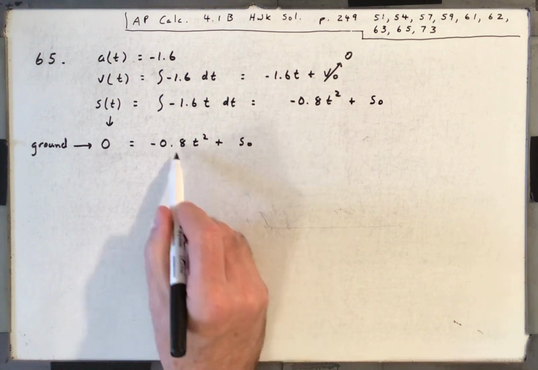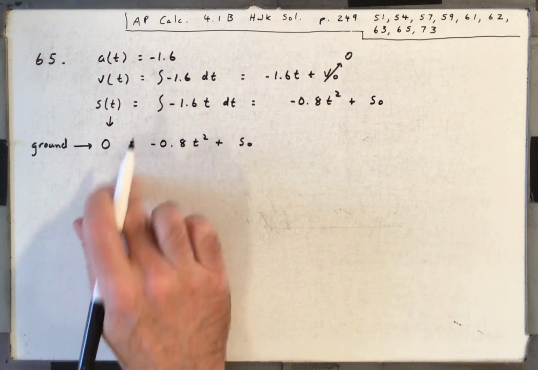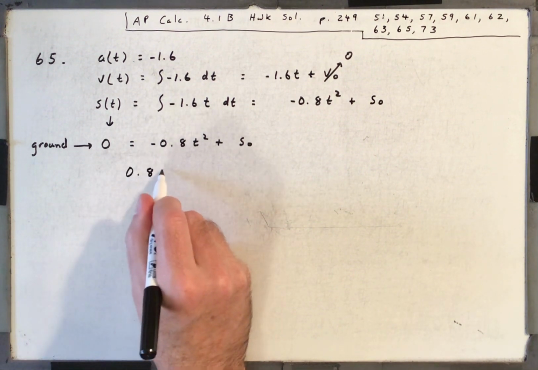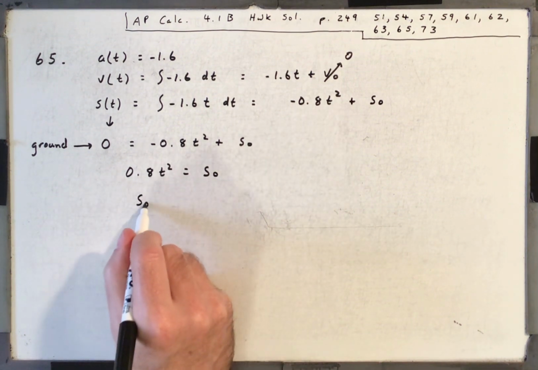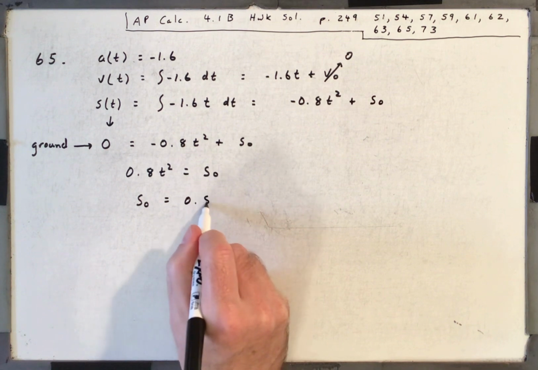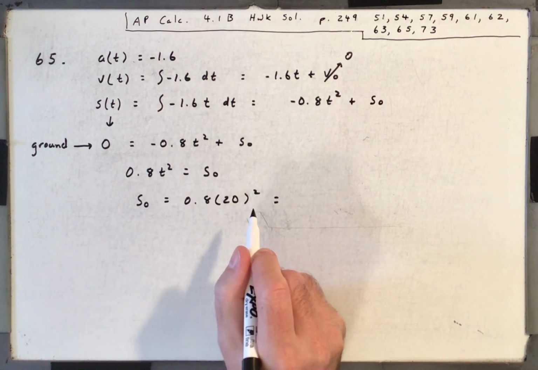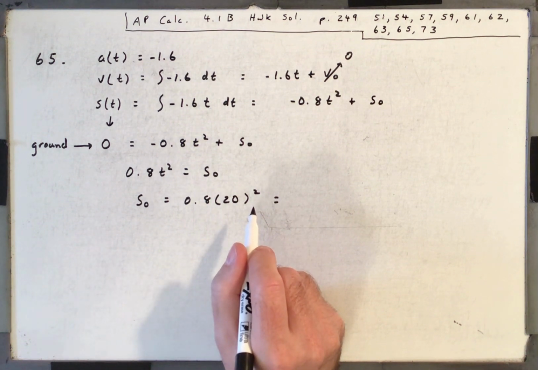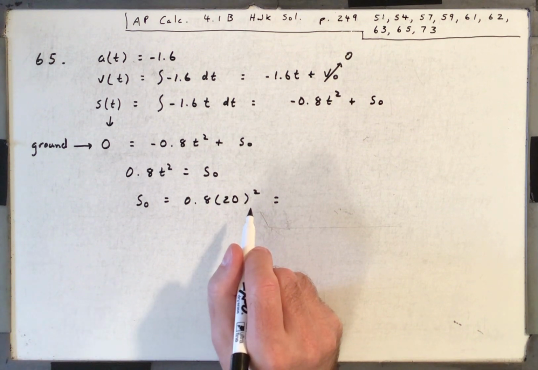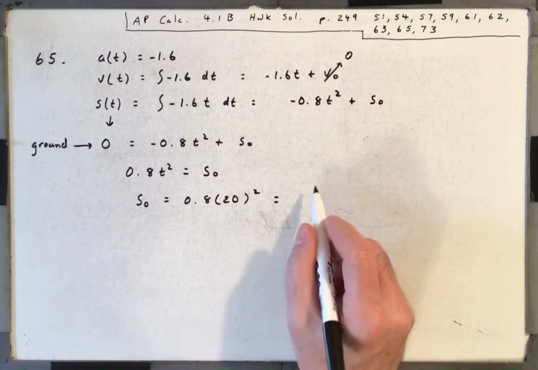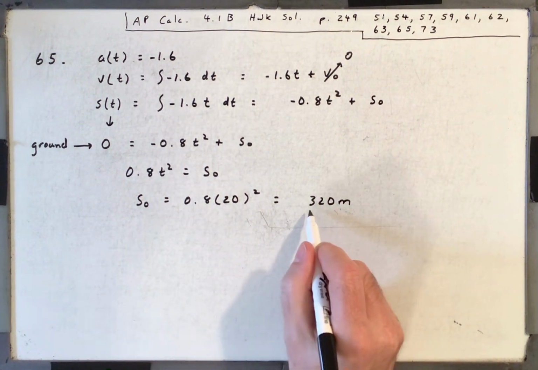Moving that minus 0.8 t squared to the left, we would have positive 0.8 t squared is equal to S naught. So S naught is 0.8 times 20 seconds squared, so that is 320 meters. That's our initial position, 320 meters.